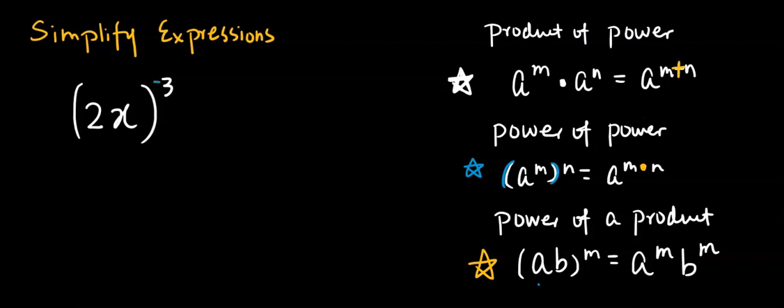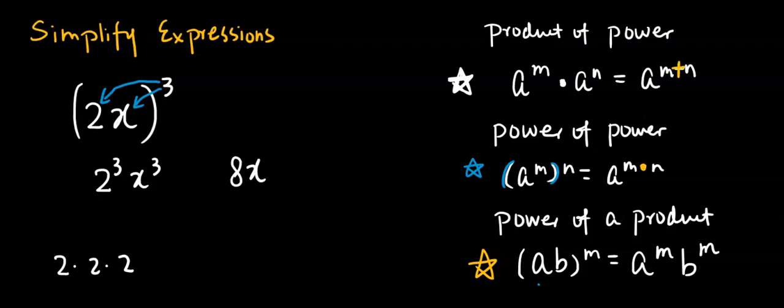I'm going to give the third power to number 2, give the third power to x. Therefore, 2 to the third power times x to the third power. Since we know 2 to the third power is 2 times 2 times 2, and it is 8, we're going to write down 8 times x to the third power. We are done here. We use the yellow star rule called the power of a product.